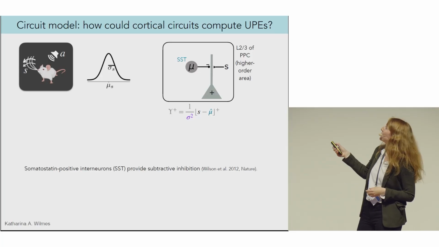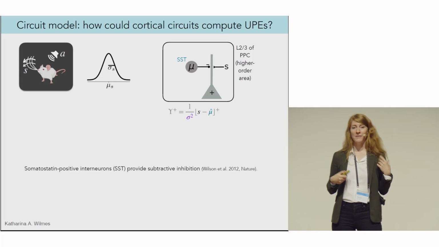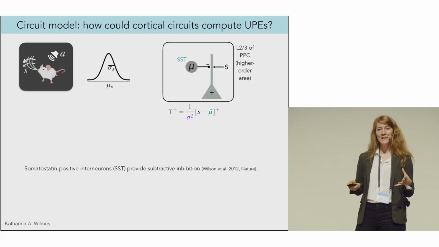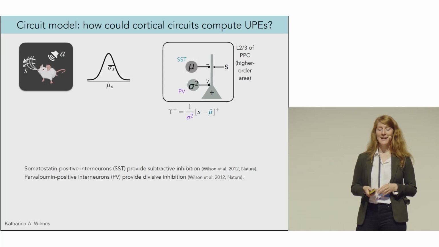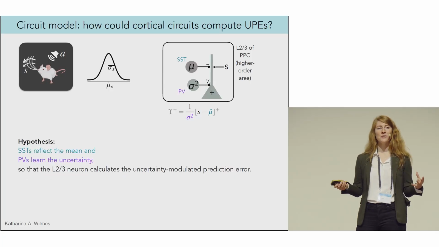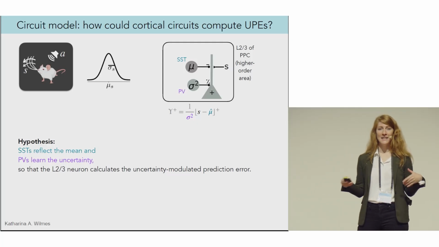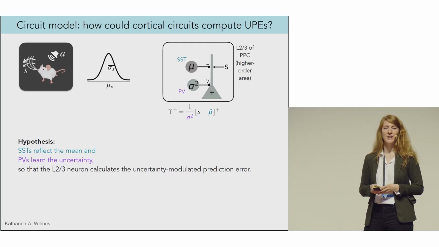Then you can see that we also need to modulate this error term divisively by the uncertainty, and we also find, surprise, divisive interneurons in these circuits, and they are called the PVs, the parvalbumin positive interneurons. Therefore, we hypothesized that the SSTs could reflect the mean, and the PVs could learn the uncertainty, such that in the end, the layer 2-3 neuron could calculate the uncertainty modulated prediction error.